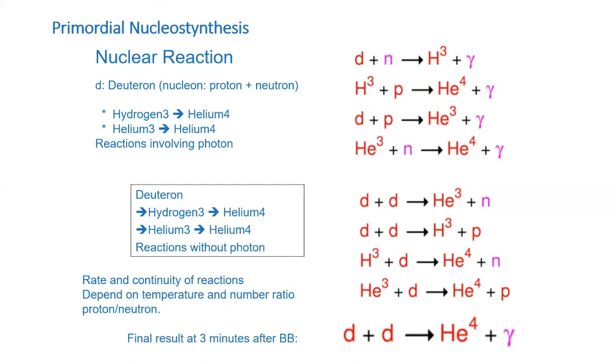So that could only happen when each of those particles has extremely high energy. The universe could not retain that very high energy for very long. It continues to expand, it continues to cool down. So at the most, the universe globally could create only helium-4. Now, that could be calculated very, very accurately.